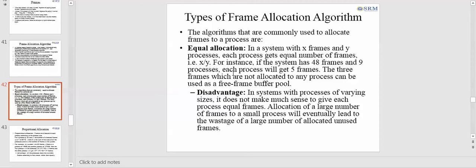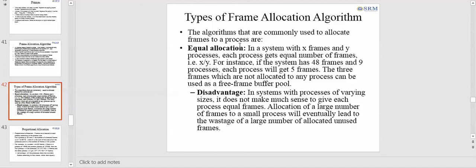So in 48 frames and 9 processes, each process will get 5 frames. The 3 frames which are in excess will be released to the free frame buffer pool. So here all the 9 processes are equally sharing the frames for the execution of the process.